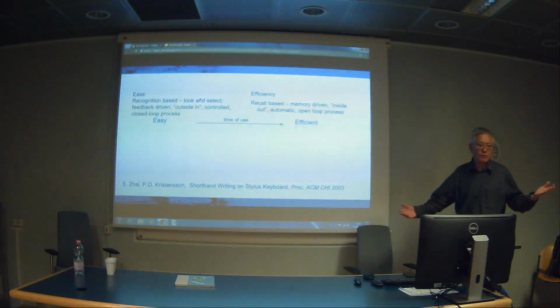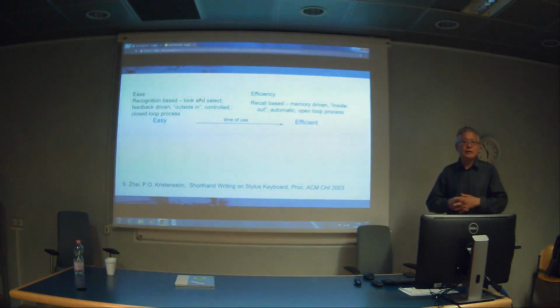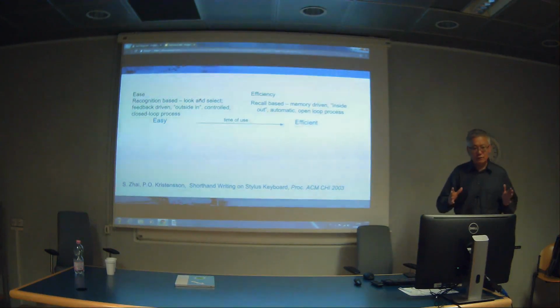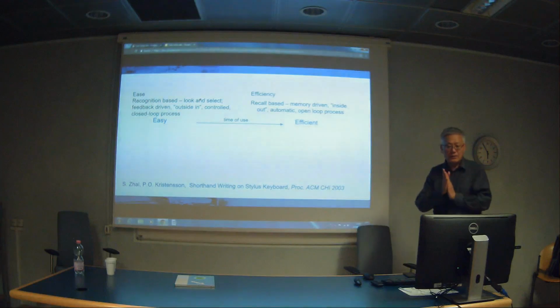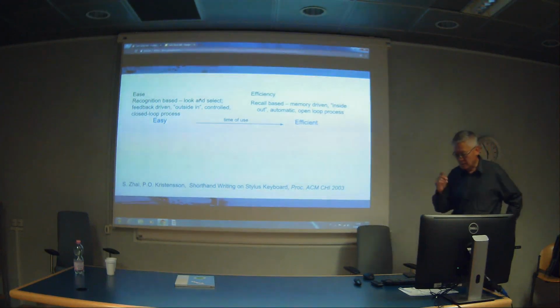That's why for programmers, at least, it's still faster to use Unix commands, a command line language, to do fast navigation rather than using mouse clicks. So can we find a way to design user interfaces starting from the recognition end and moving to the recall end? That was the goal of this project.